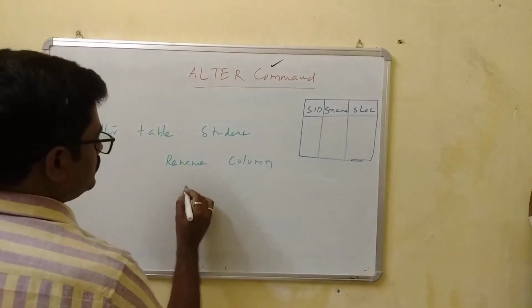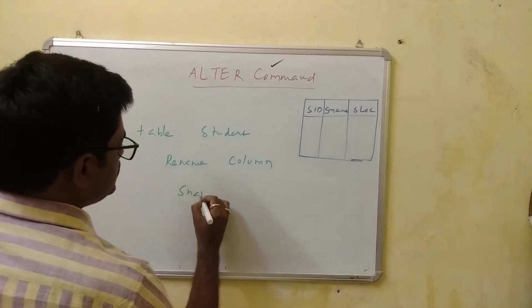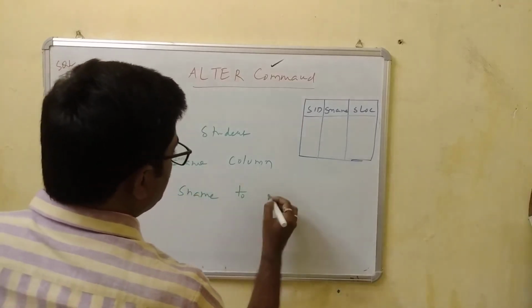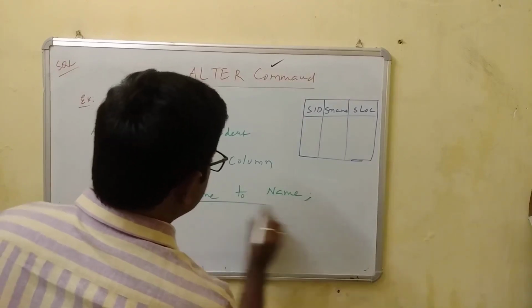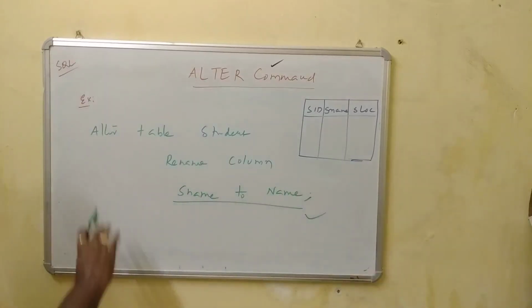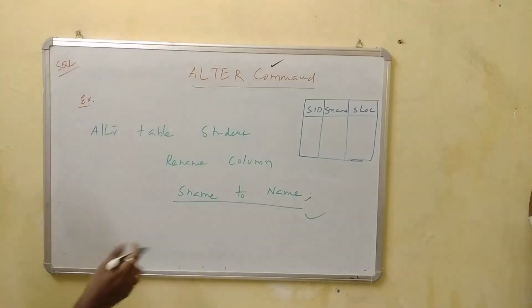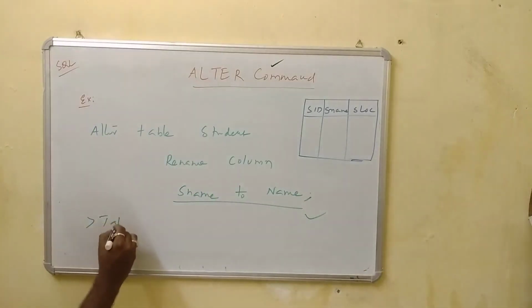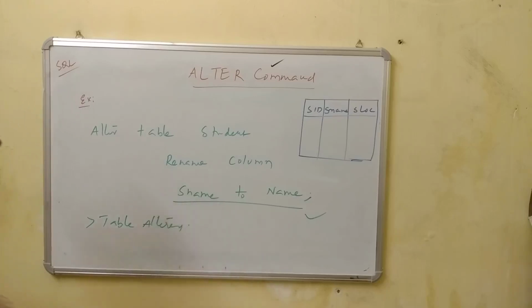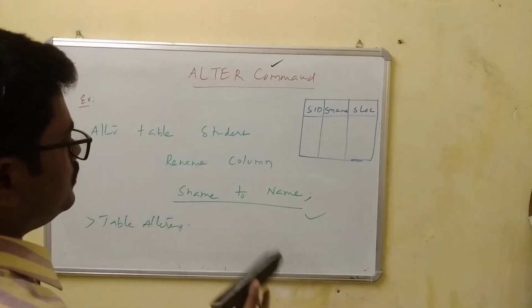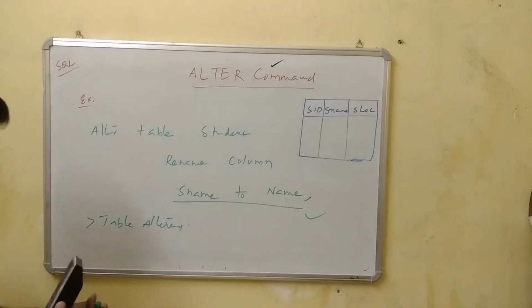If the old value I am taking is name, to name only. Now this change, or alteration, is going to be done on the table. Then you will get the message that the table is altered. Once it is altered, we can see this change on the table. Likewise, we can work with the alter command on the table.